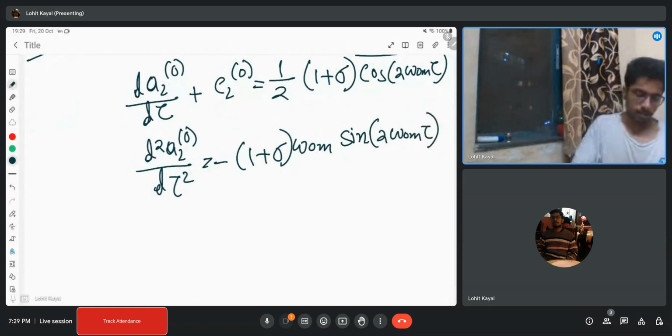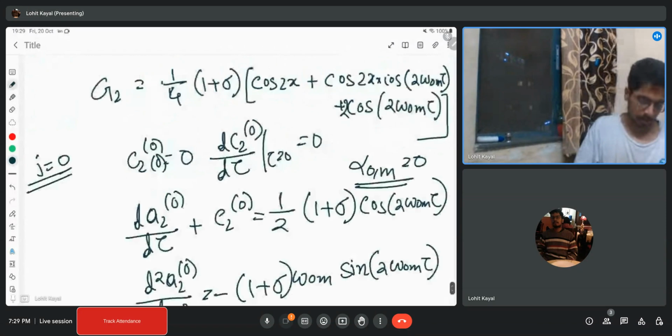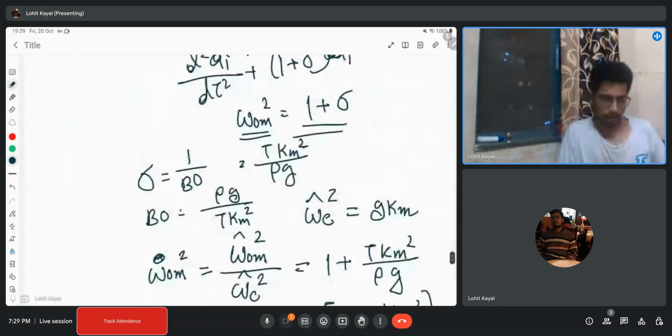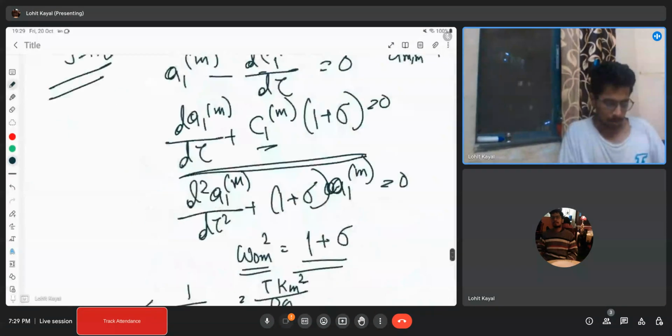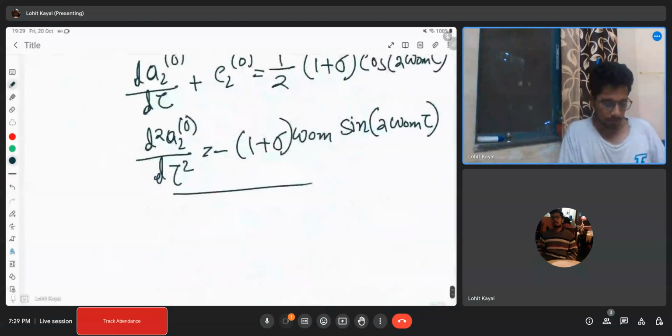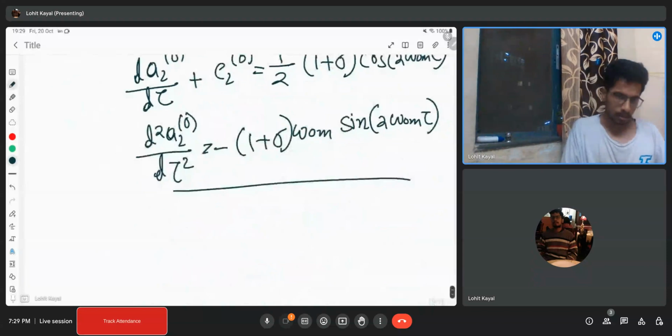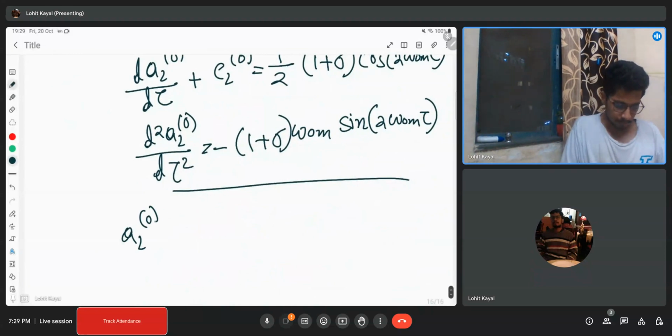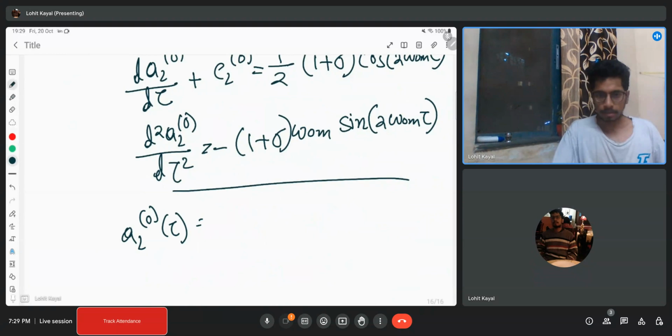just check the equation for any j, and you will find that for j equal to 0, the second order differential equation will be reduced to this term. Okay, so your a20 tau, I'm writing down the final expression for a20 tau.